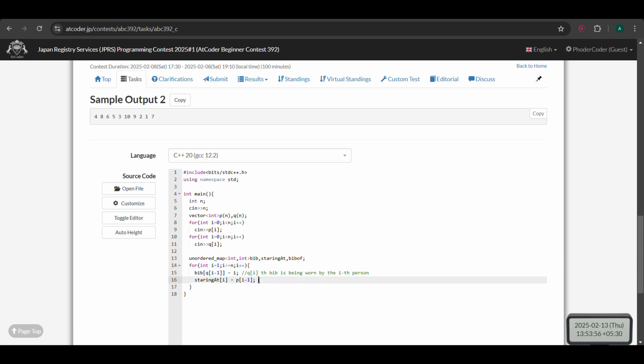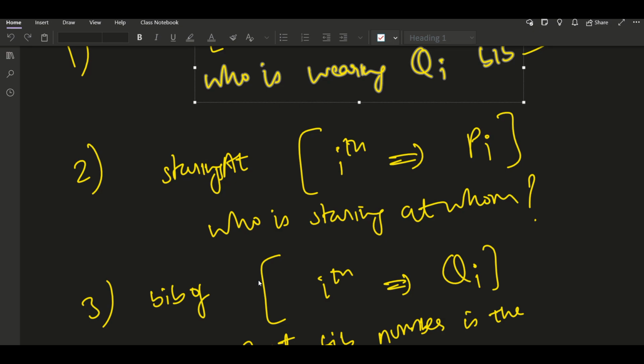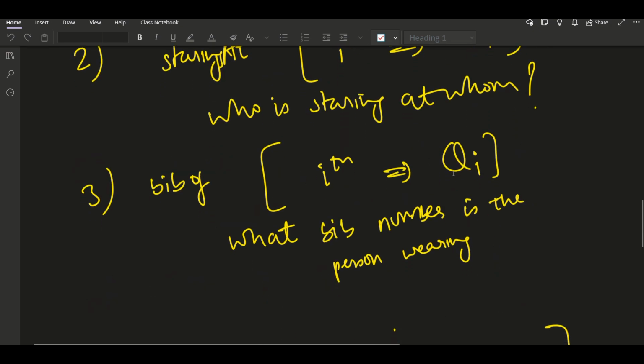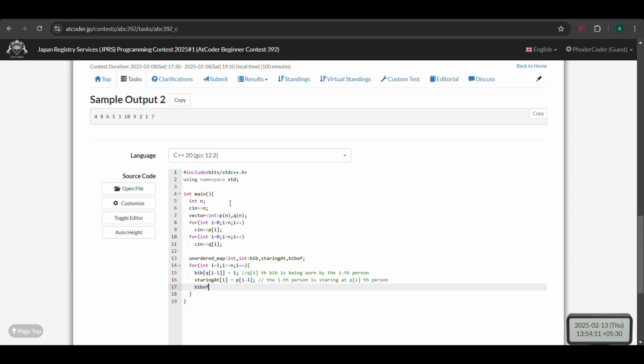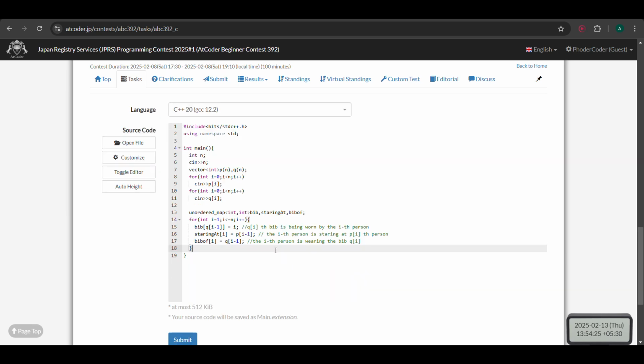And the third one, bib of: the ith person is wearing bib q of i, so bib of i is equal to q of i. Same thing here, we need to keep the indexing in mind. Done. So we have made three unordered maps.